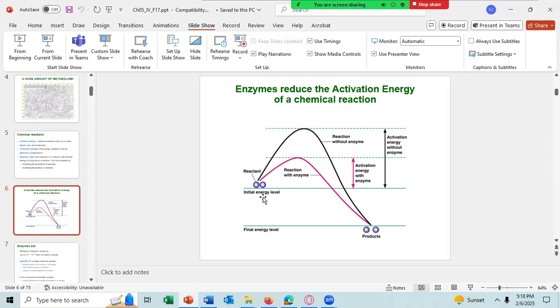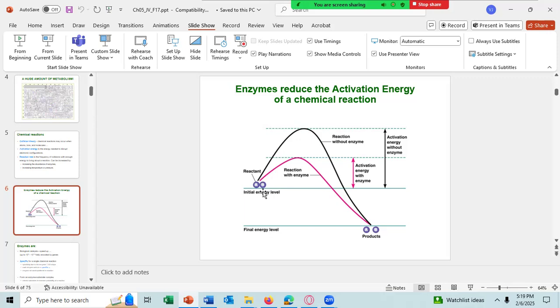But to do that, you have to give the reactant energy, and that amount of energy required to make the products is called the activation energy. And there's the activation energy without the enzyme, and that would be quite a big energy hump. And then there's the activation energy with the enzyme.